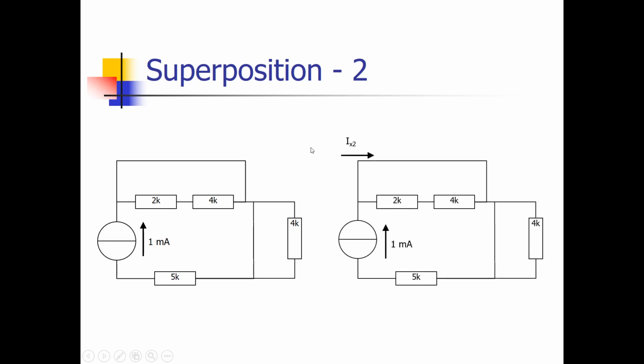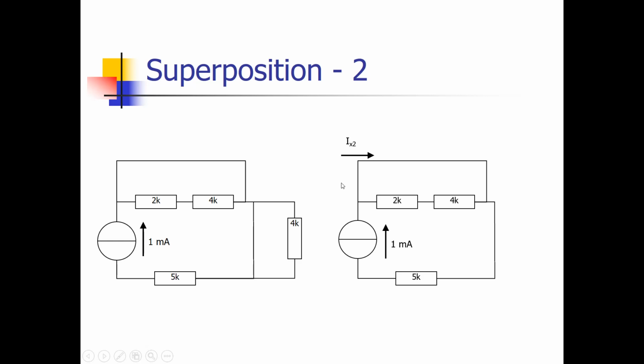The first thing we can do is leave that 4K resistance out, because that 4K resistance is parallel to a short circuit of 0 ohm, and 0 ohm parallel to a resistance with a higher value means that this part can be left out, because all the current will flow through that short circuit connection.